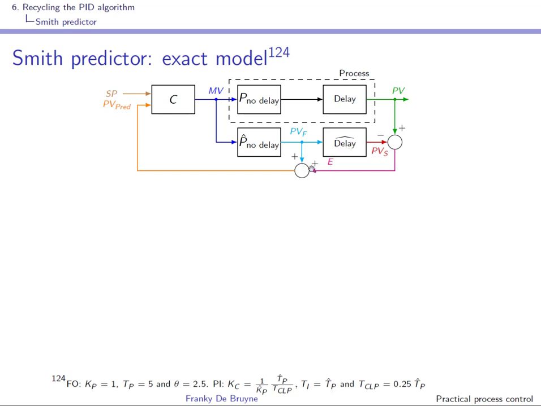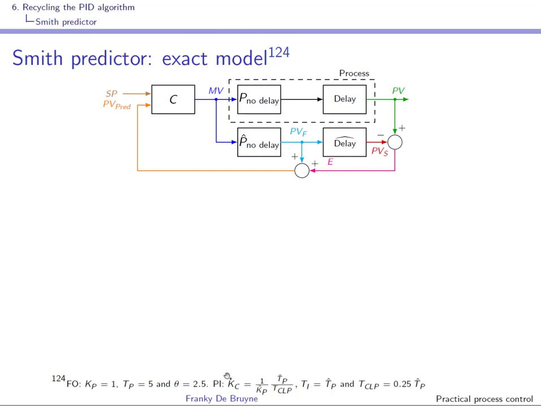You can see that several signals here have different colors, and that's how you will recognize them in the plots. The predicted PV is constructed from the fast PV plus the error, and in first instance we'll work with an exact model.